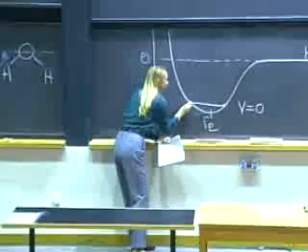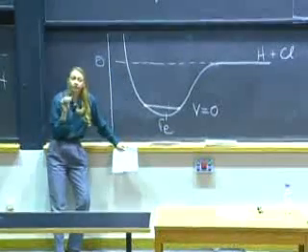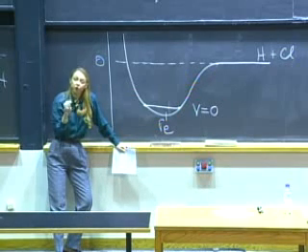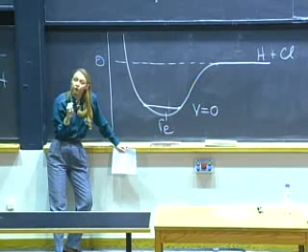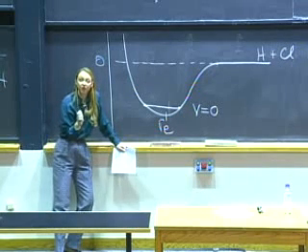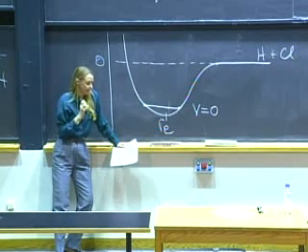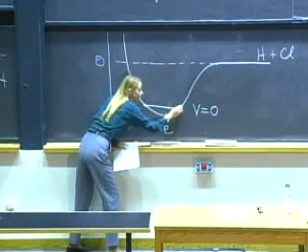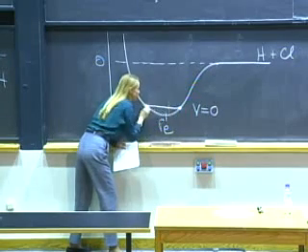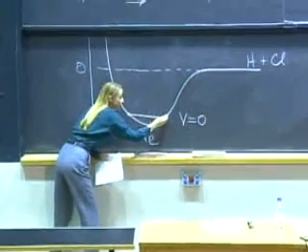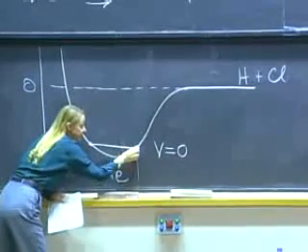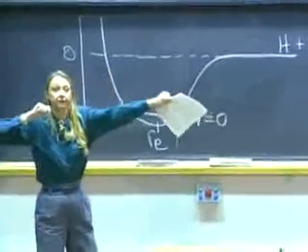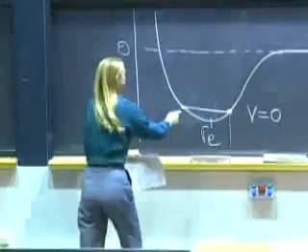What this line represents is the ground vibrational energy. It also represents the extent to which the molecule's bond stretches and compresses. The bottom line here is that the bond stretches up to here. The intersection of this line with the interaction energy here represents the maximum bond length, the most that the bond stretches.